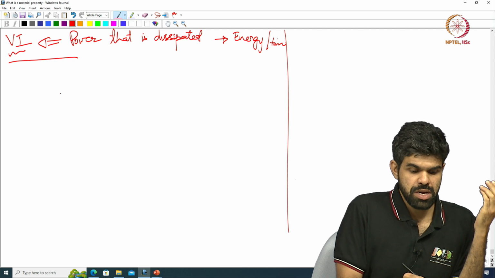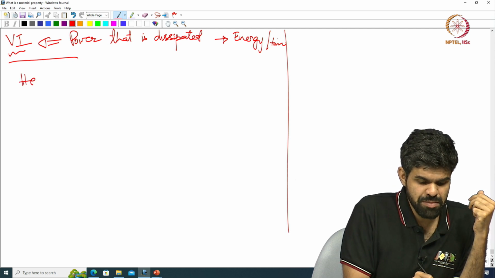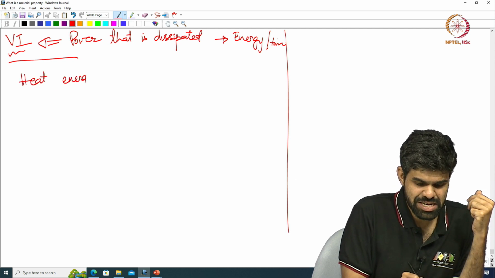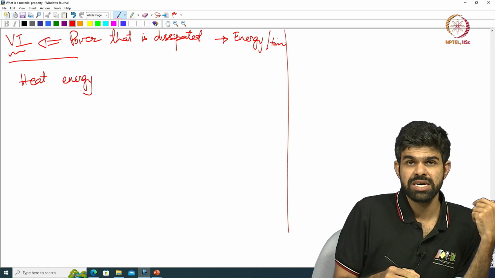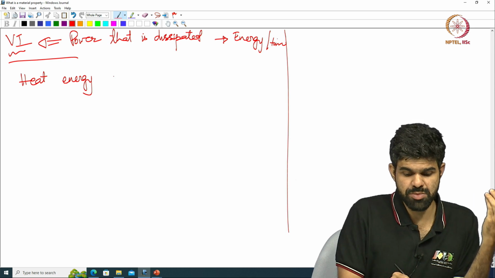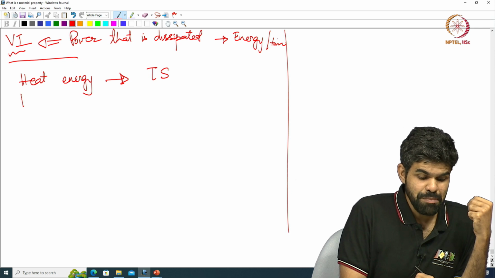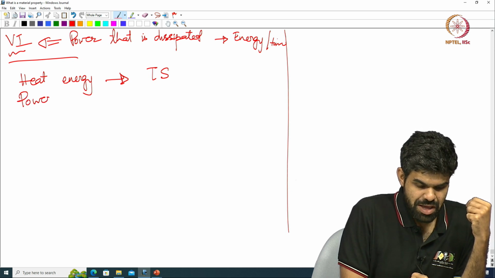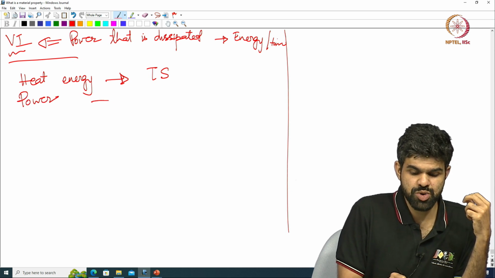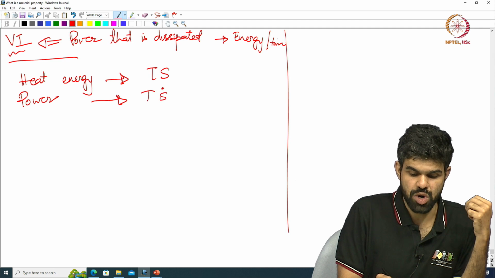So if I am looking at the heat energy in a system, thermodynamically I am just going to look at it as T S, right, but the power, which is energy per unit time, is nothing but T S dot, right.